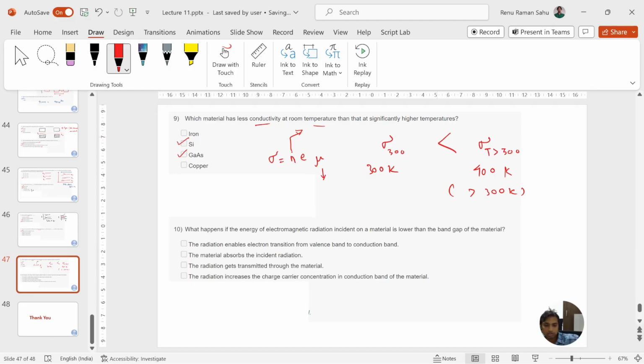Okay. What about the 10th question? What happens if the energy of electromagnetic radiation incident on a material is lower than the band gap of the material?